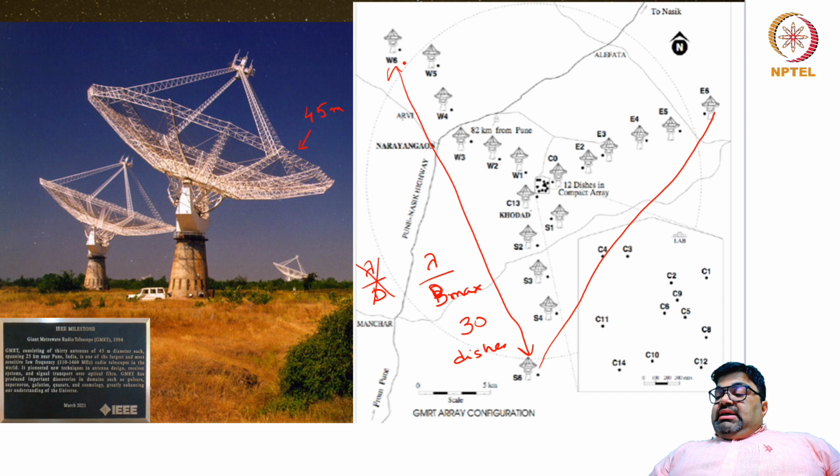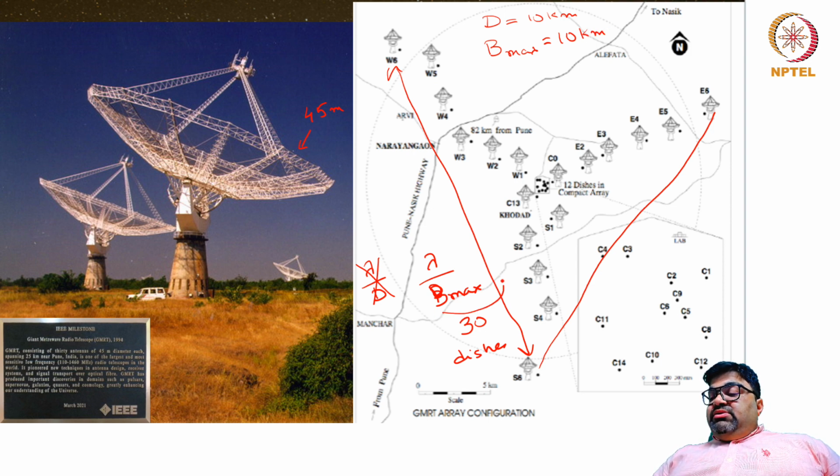So now if I do the same math, to preserve the same resolution I don't have to make a single dish which is 10 kilometers. I just have to make an array which is spread over 10 kilometers, because the resolution element is now proportional to lambda over B max and no longer lambda over D for an interferometer.